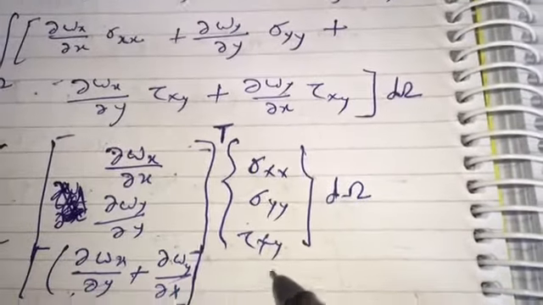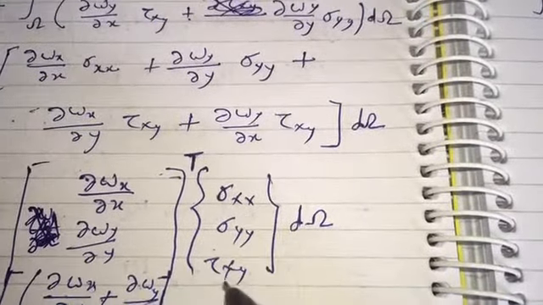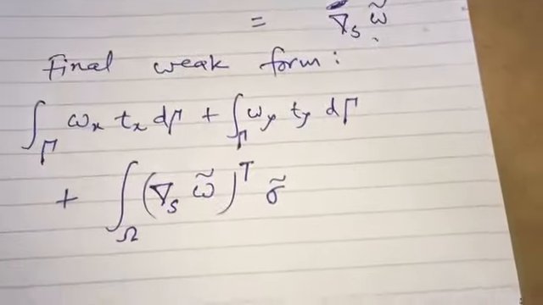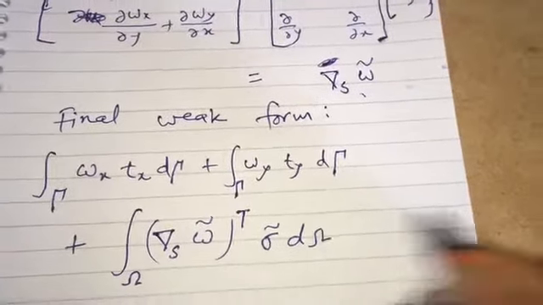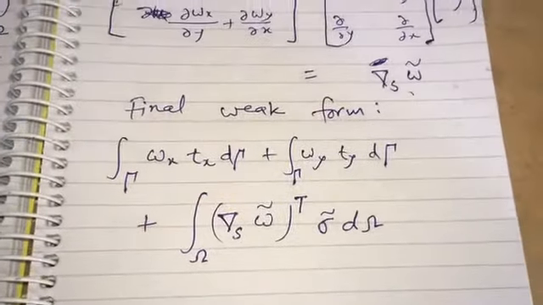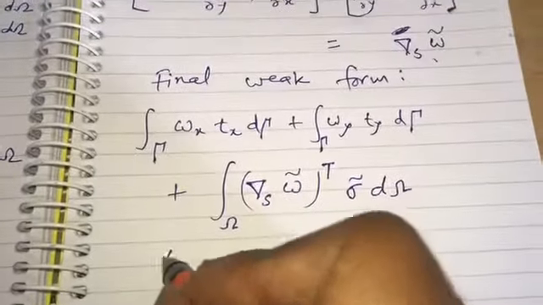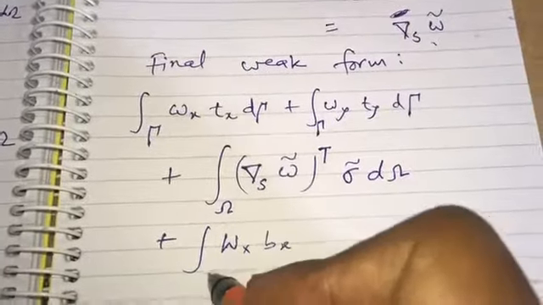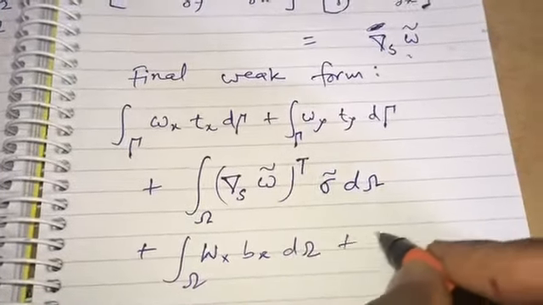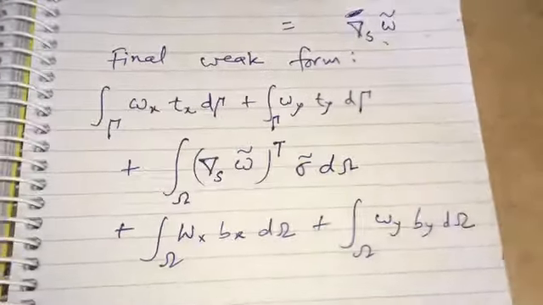In the earlier lecture video we called it the sigma vector. So we just write here sigma like this, and d omega. So this term plus we have the bx and by terms. So we have wx bx d omega plus wy by d omega.